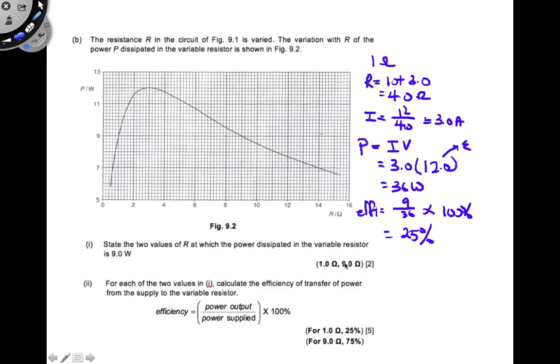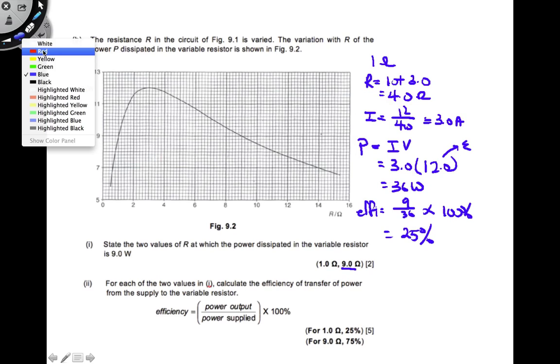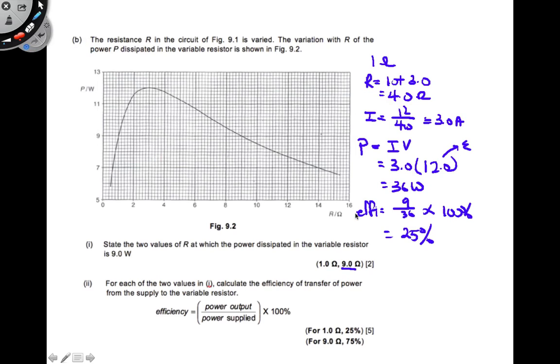Now doing the same for the 9 ohms. Let's change the pen color to red. With 9 ohms, your new R is 1.0 plus 9.0, plus 3.0, sorry, so you have 12 ohms of resistance. The new current is 12 divided by 12, and I get 1.0 ampere.